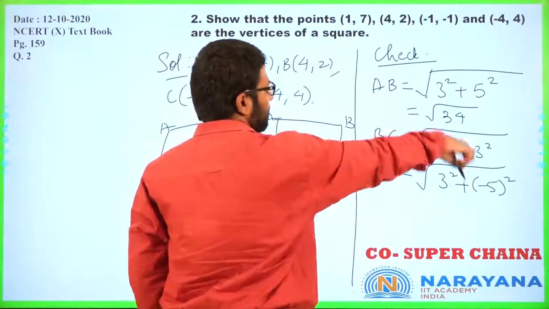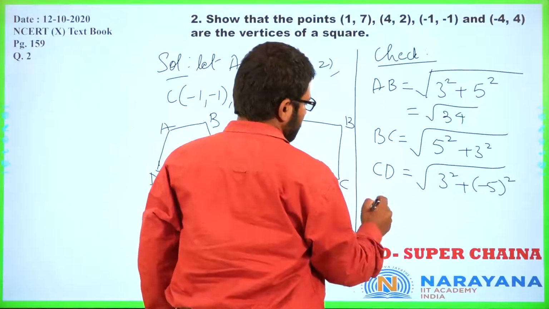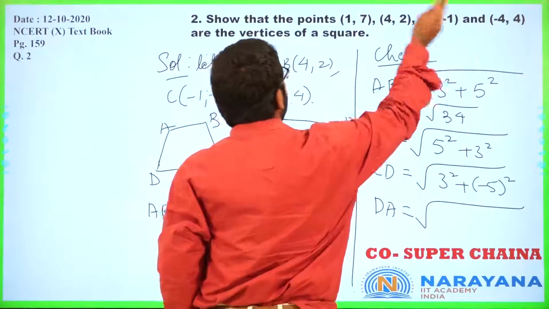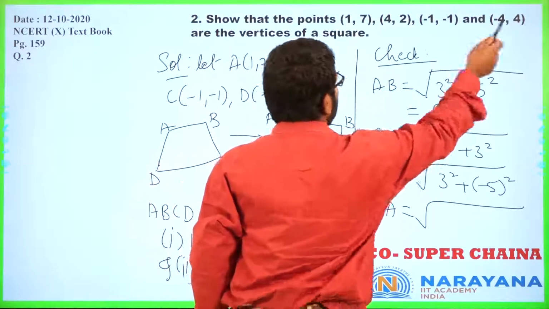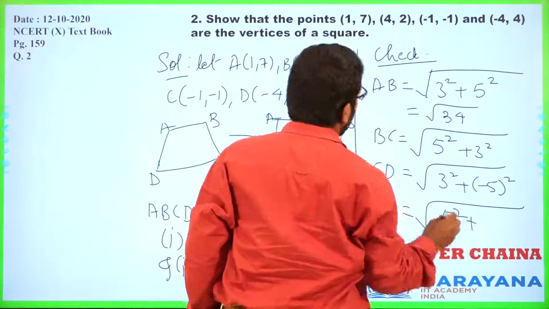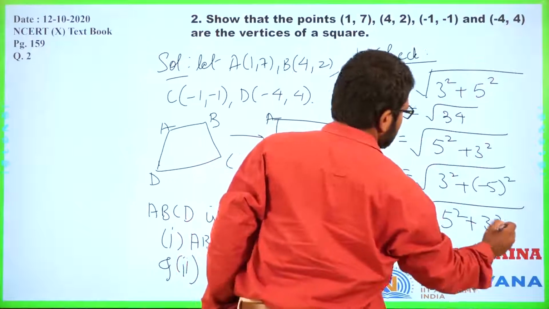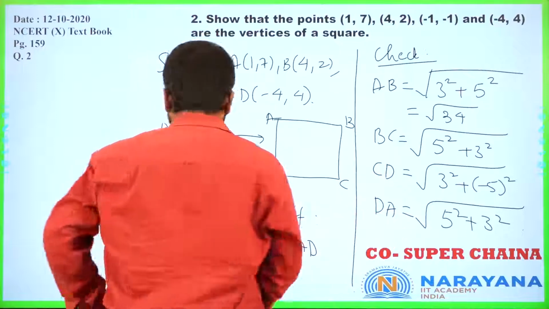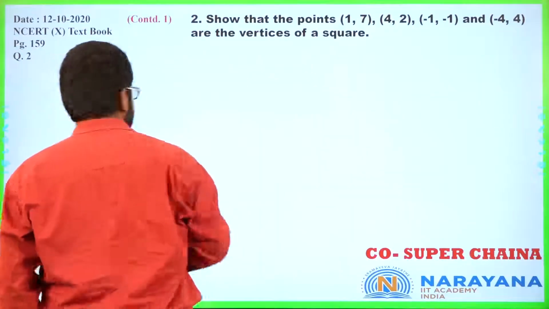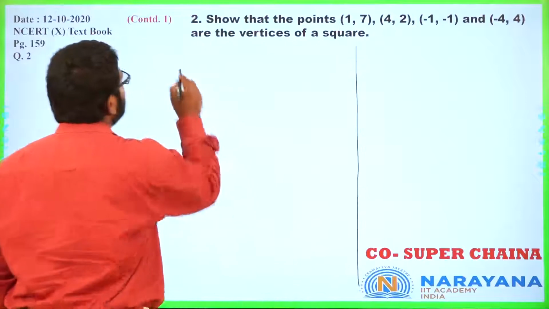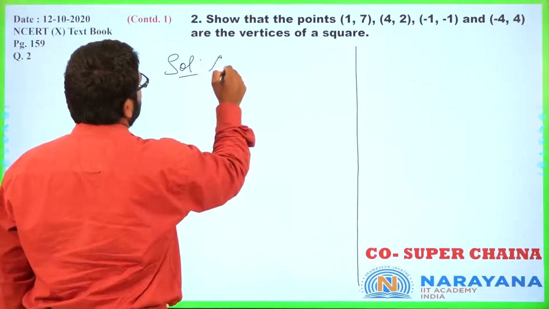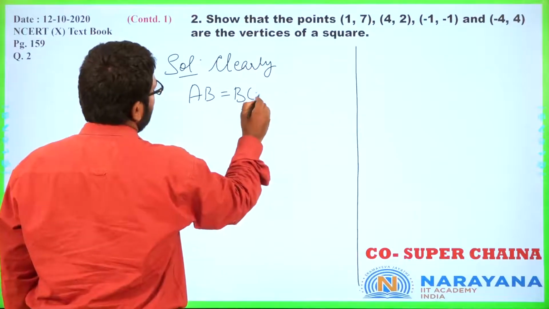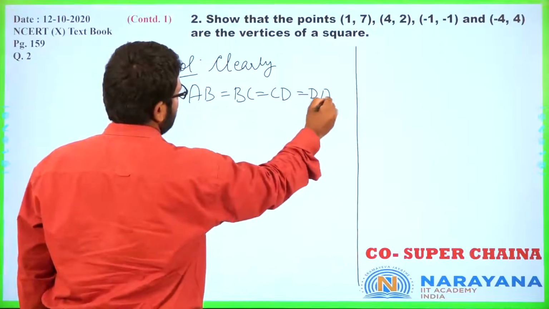Again same, because minus will go away when you square it, and DA would be root 1 minus 4, 5 square, and then 7 minus 4, 3 square. Okay, so all the sides are clearly equal. Clearly AB equal to BC equal to CD equal to DA, right?